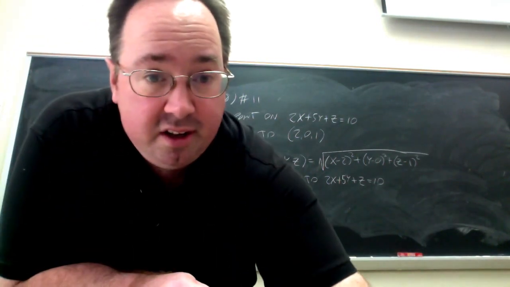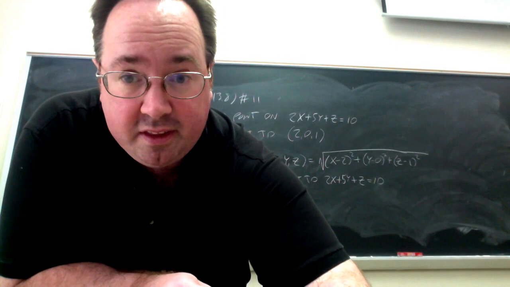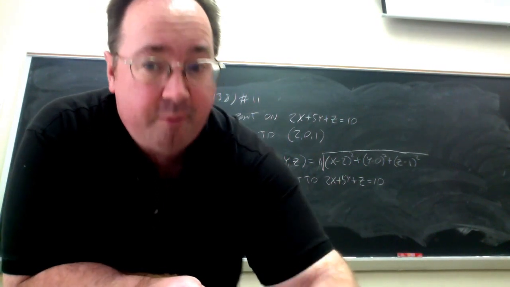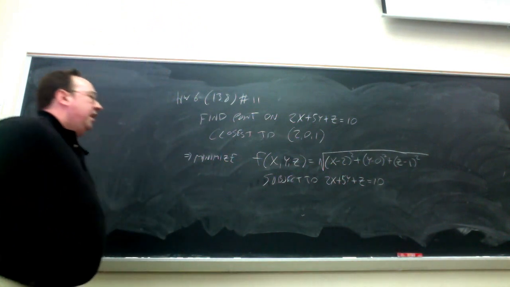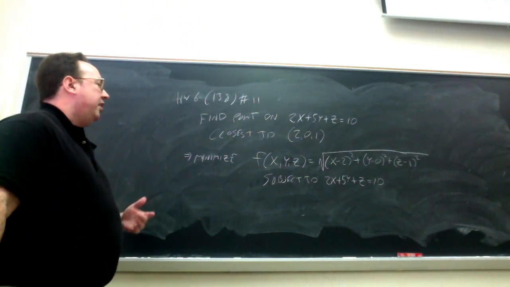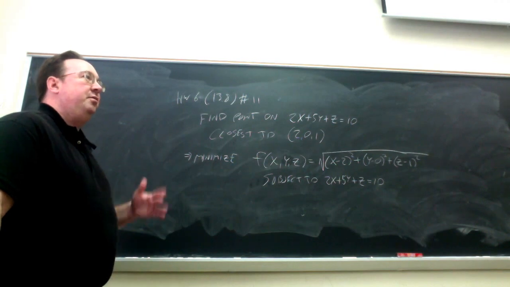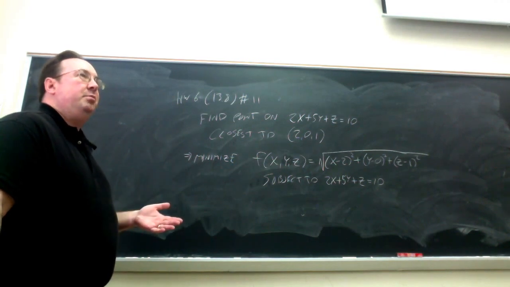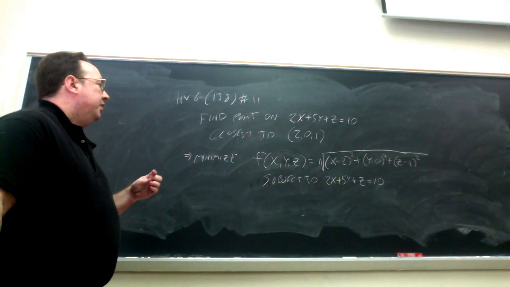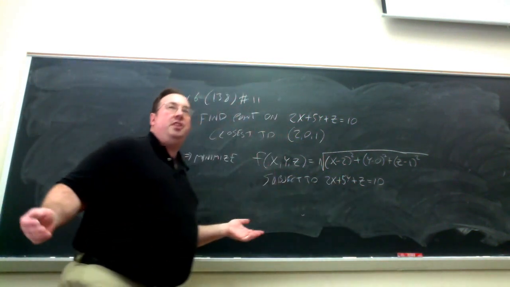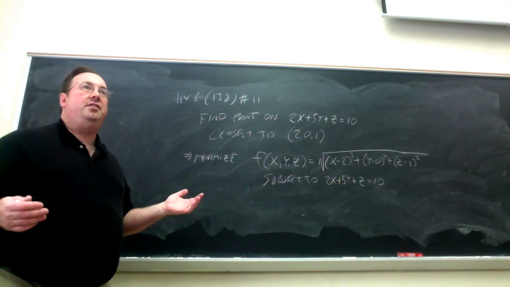So in fact, it looks like you're having to solve a 3-dimensional max-min problem, but it's not true. You're actually solving a 2-dimensional max-min problem, because restricting yourself to this plane, a plane being a 2-dimensional entity, lets you cut out z.